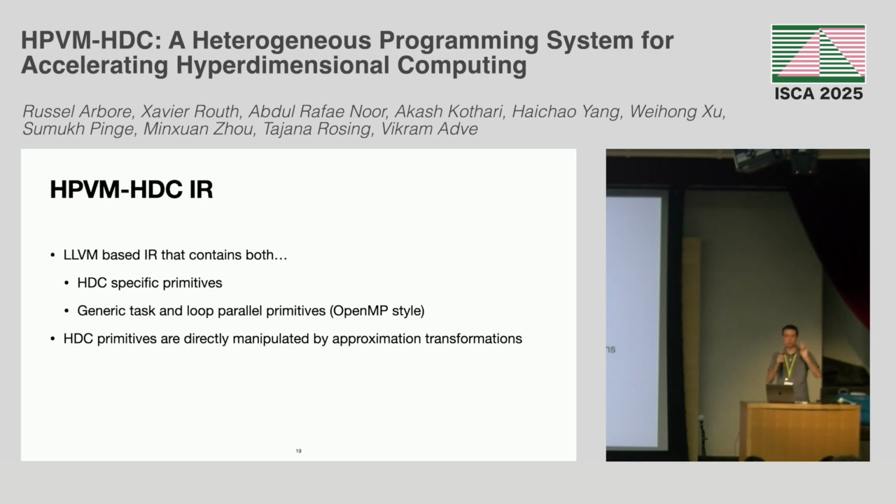And we extend it with two fundamental things. One are primitives specifically for representing HDC operators. For example, there'll be a primitive for adding hypervectors or taking the Hamming distance between two hypervectors. And then we also have primitives for generic task and loop parallel primitives in the OpenMP style. These primitives directly correspond to the primitives in the front-end language, so the lowering process is not too complicated.